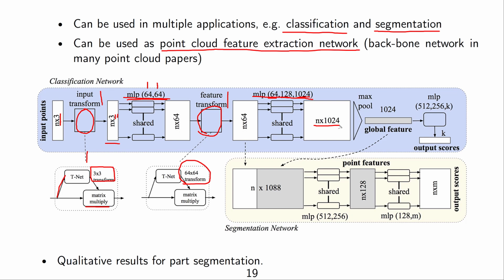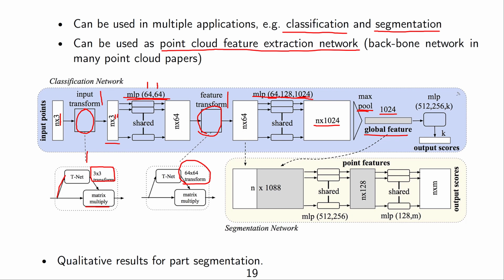That means there's a 1024 dimensional feature attached to each point. Then this will be reduced by max pooling to a single 1024 dimensional feature, and this is a global feature describing the complete point cloud.